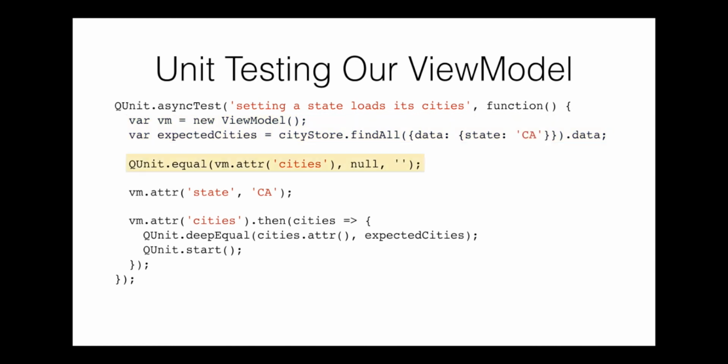We first verify that our new view model instance, the cities list, is empty. And then we set the state to California. We'll get our list of cities, and once that promise has resolved, we check that the list of cities is equivalent to our list of expected cities. As you can see in this unit test, we didn't have to call in the view at all. We simply just use the view model.